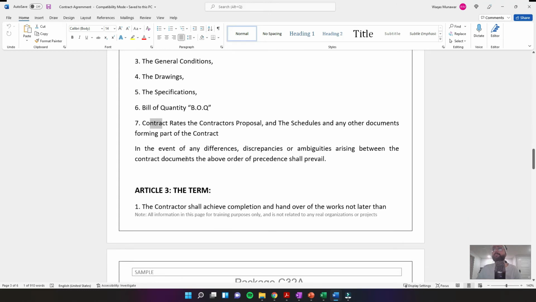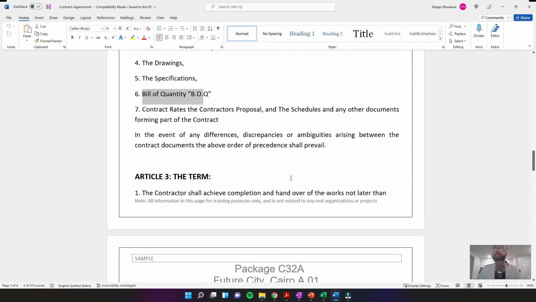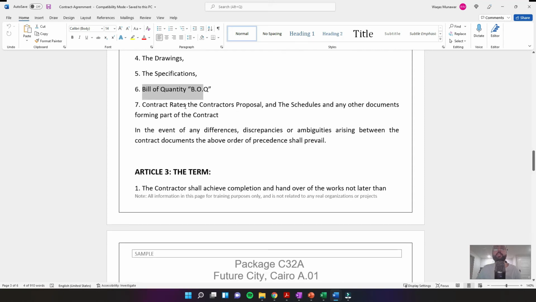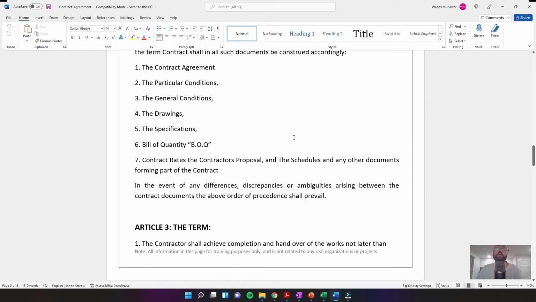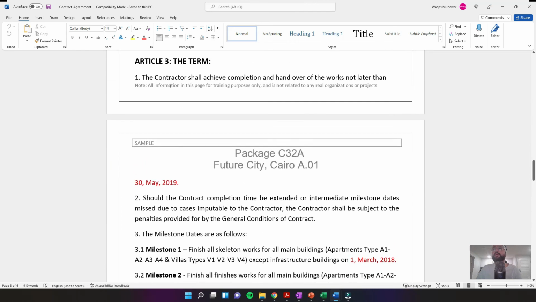In the contract agreement, they already specify that if there are any differences and discrepancies arising between the documents, the above order of precedence shall prevail. So there's no ambiguity in case problems arise. You're going to follow this. If something is mentioned here and not mentioned here, then obviously we're going to go with this. And if something is mentioned here and not here, then we are going to discard this. Not everything, obviously, only the thing which is not talked about in the other conditions. So then we have different.